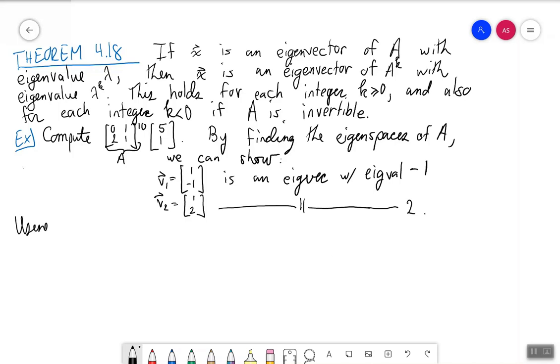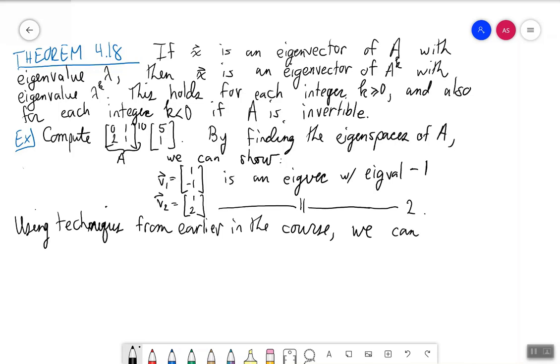Using techniques from earlier in the course, we can write (5, 1) as a linear combination of the vectors v1 and v2.